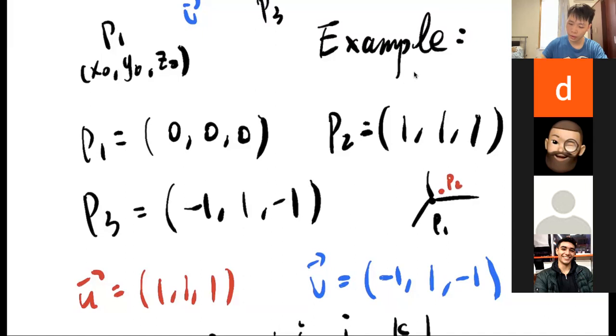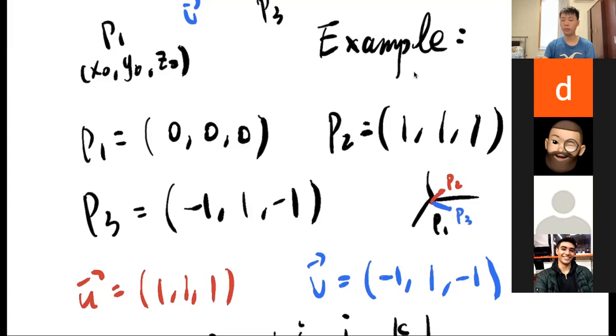P1, P2 is something sticking out, right? And P3 is something on the back, down here on the back down.